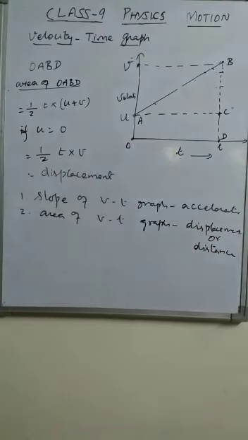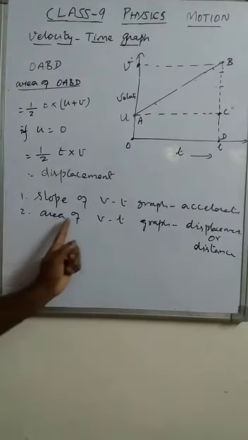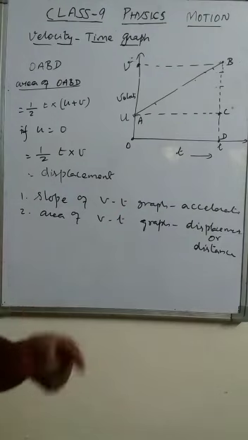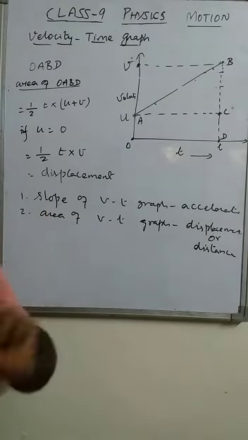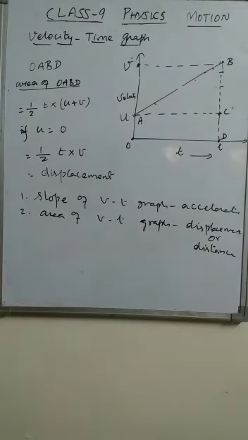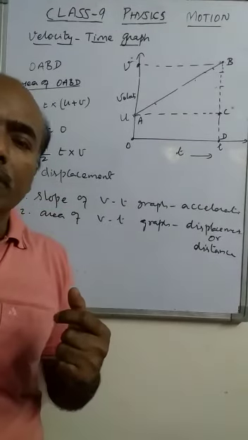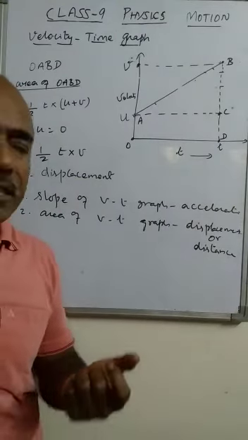So the distance traveled or displacement can be obtained by finding the area of the VT graph, and the slope of the VT graph gives acceleration. So these are the two important conclusions we obtained from the velocity time graph. And the next thing related to this graph, the set of equations of motion, we will obtain in the next lesson.